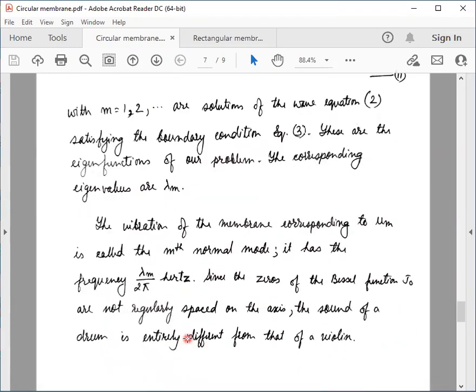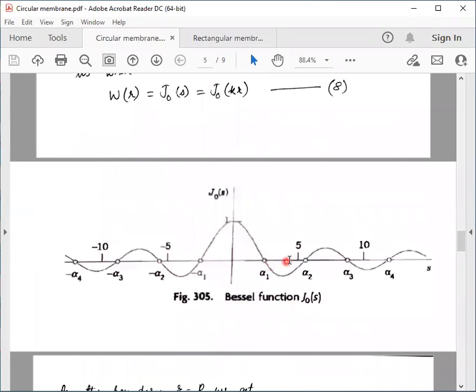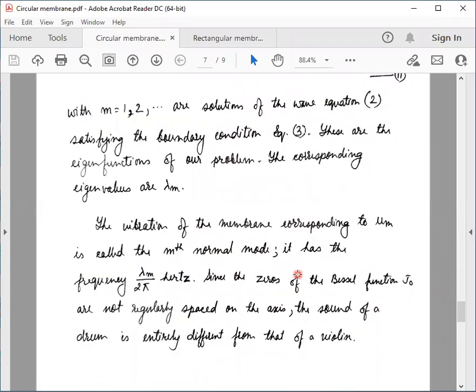Since the zeros of the Bessel function J0 are not regularly spaced on the x-axis, the sound of a drum is entirely different from that of a violin. We can call this the x-axis or the s-axis. Since these zeros are not regularly spaced, the various frequencies lambda m are not multiples of lambda 1.